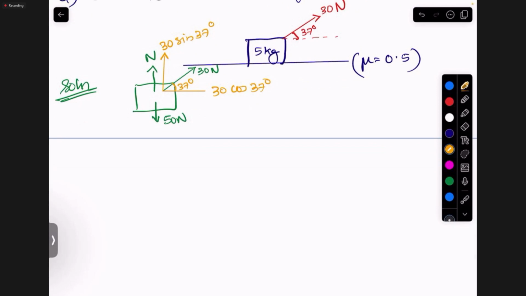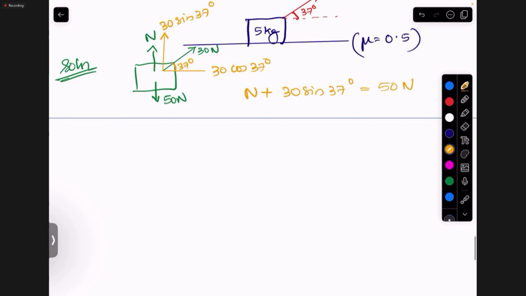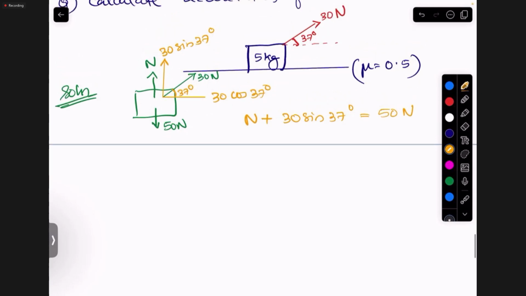So now you can see the normal reaction plus 30 sin 37 degrees is countering 50 Newton because there is no vertical motion. So N equal to what? Sin 37 is 3 by 5.